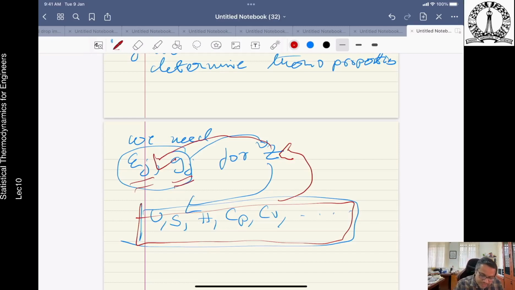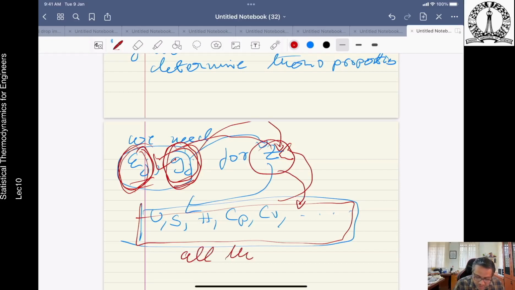So how do you calculate these two is the fundamental question. Once you know the molecular partition function, all thermodynamic properties can be calculated at the macro scale. But who gives you the value of degeneracy and the value of energy?